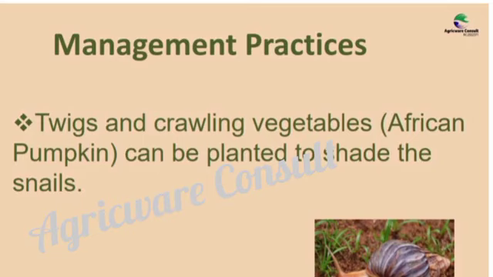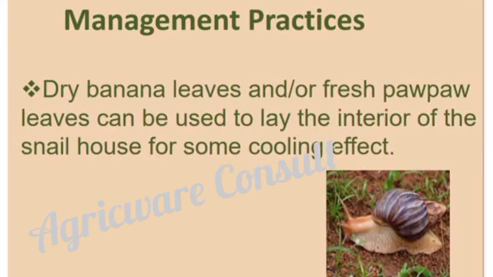In cases where you cannot have your snail house under a tree, or where you place the snail house is not where you could get a tree, you could keep banana leaves inside your snail pen as a form of shade within the house, such that the snails can crawl under the leaves and lie there for a cooling effect.